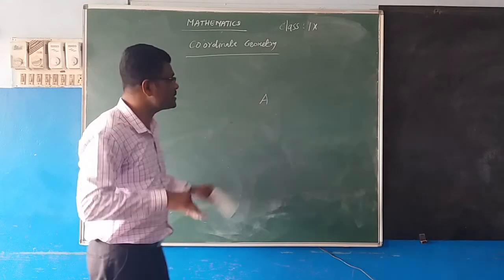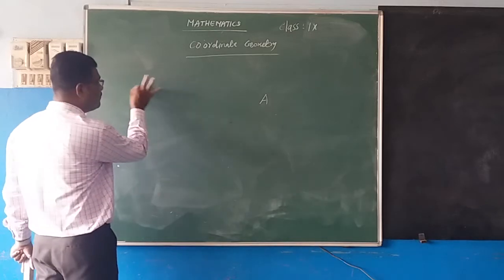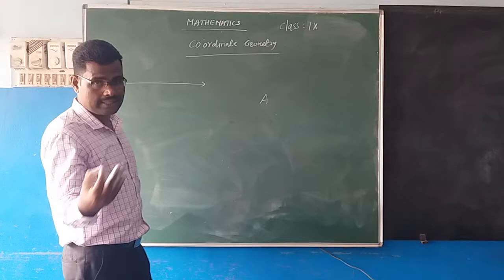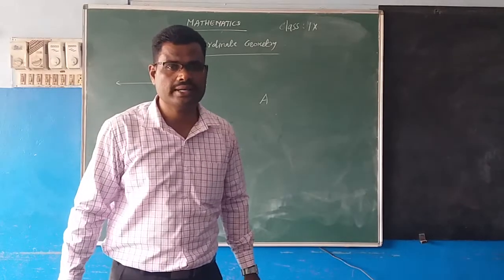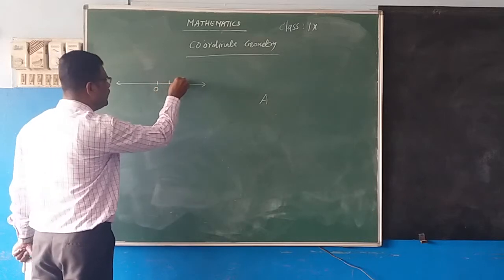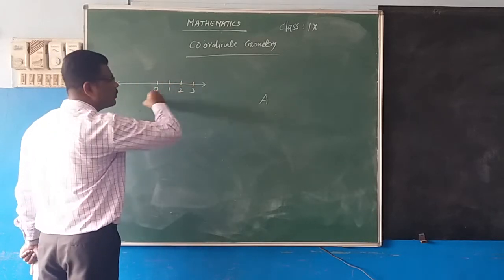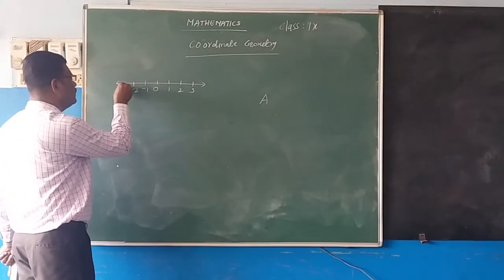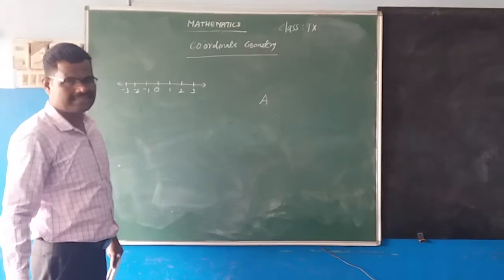In your other classes, you might have heard of the number line. What is a number line? A number line is a line which consists of integers or numbers. At the center it is 0, and then 1, 2. When you move rightwards, you get positive values. When you move leftwards, you get negative values. Isn't it?